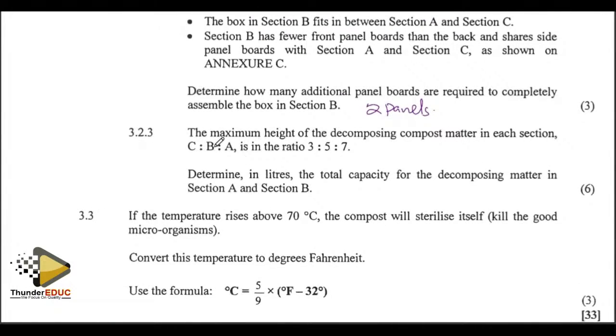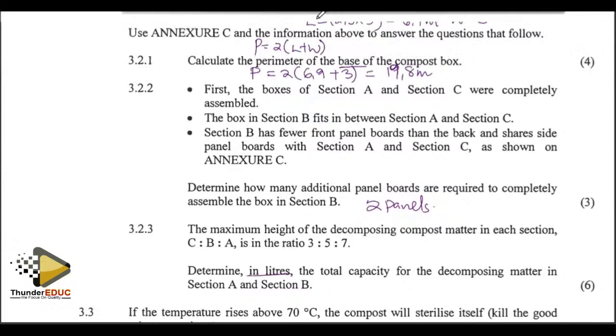The maximum height of the decomposing composite matter in each section, C to B to A, is 3:5:7. Section A, okay, determine in liters the total capacity for decomposing matter in section A and B. Now, what we're going to do, it's measured in volume, and they're saying in liters. The measurements you have there are in meters, all right?